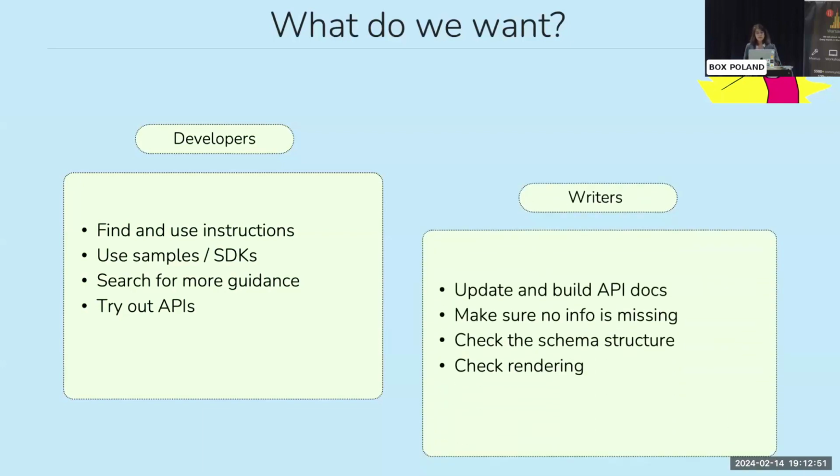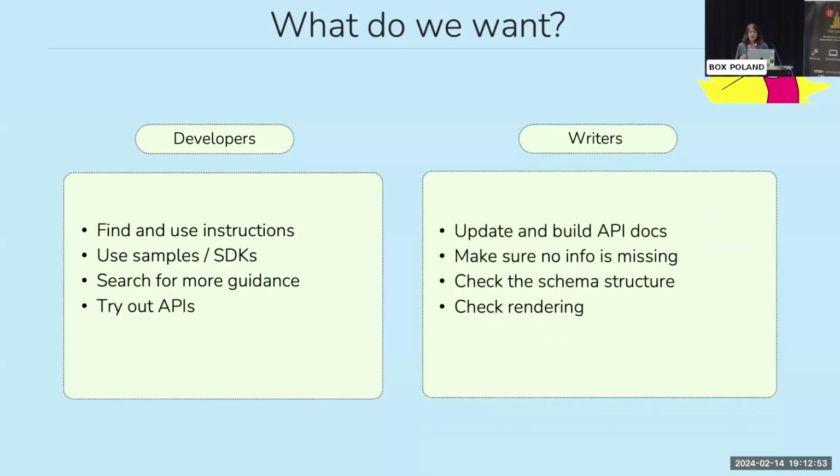But we, as technical writers, are on a different side. So we need to update and build the API docs. So that's the process that I was talking about. Make sure no info is missing, because sometimes it just appears that some info is in the spec, but it magically disappears when we render it on the site. So that's not what we want, right?